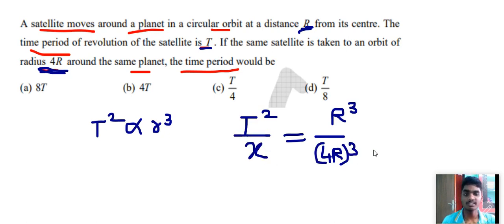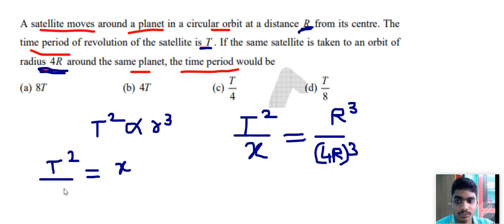From this equation we can solve: x square is equal to t square by r cube into 4 cube, and 4 cube is 64 r cube. I'm just cancelling this r cube.